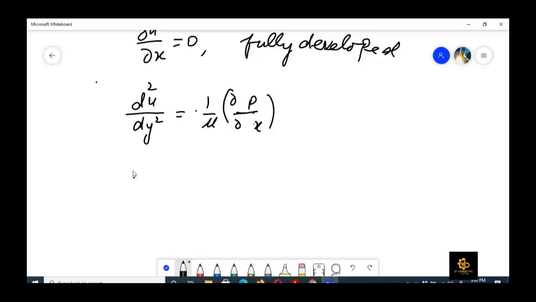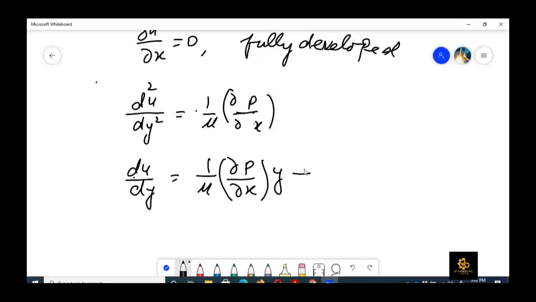Taking the differential for the first time, we can write du/dy equal to 1/μ ∂p/∂x times y plus C1. Why are we writing C1? Because we have taken an indefinite integral.